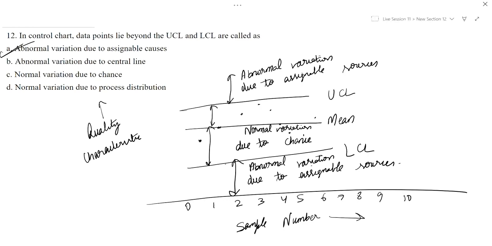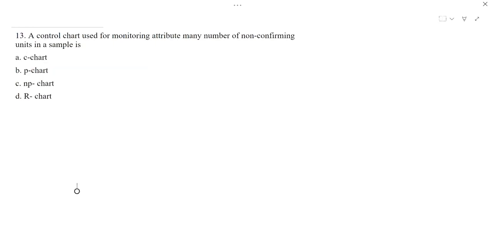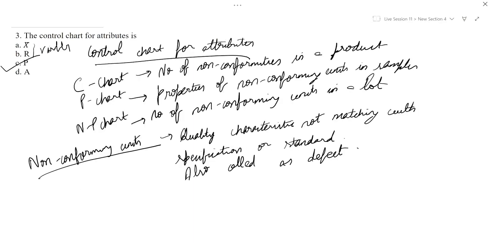Okay, so the next question: a control chart used for monitoring the number of non-conforming units in a sample is? As we discussed, for attributes we have the C chart, number of non-conformities in a product; the P chart, proportion of non-conforming sample; and the NP chart, number of non-conforming units in a lot or sample.